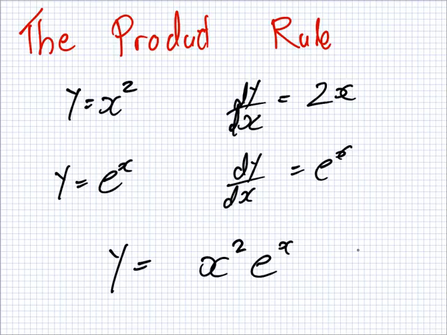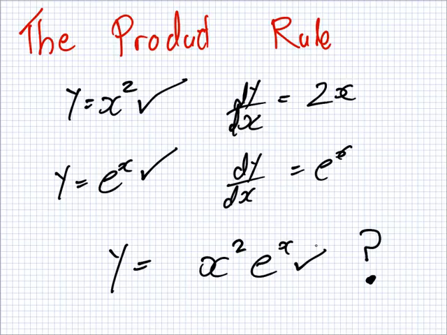But in fact, we don't know what it is, because we don't have any rule for this situation. We can do problems like this, and we can do problems like this, but we can't do problems where these two are multiplied together.